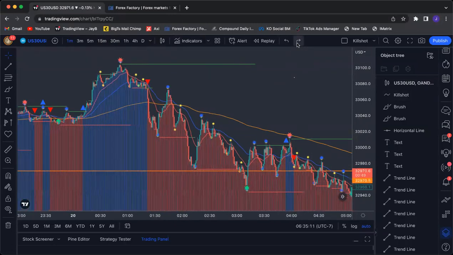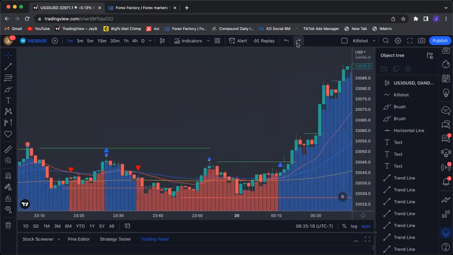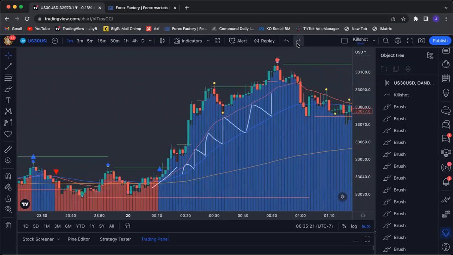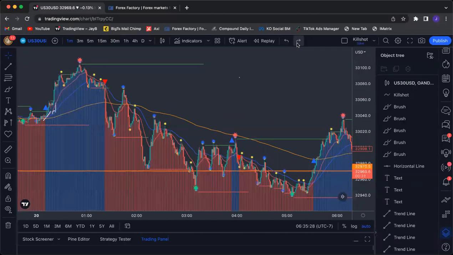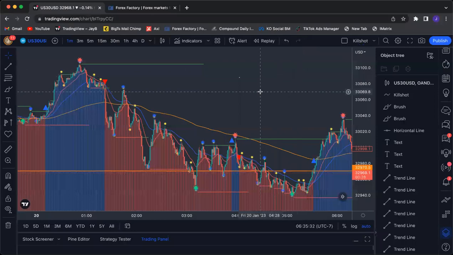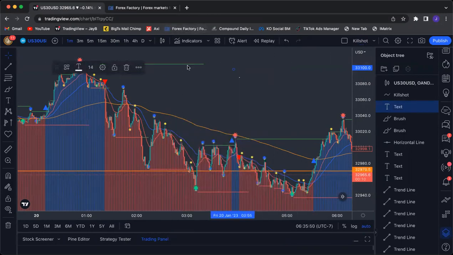I don't know if there's a way to bring back my text. That is it, she's gone. That's fun. Actually, I'm not going to retype that out. You can't copy from my Zoom, so we're just going to move on from it.